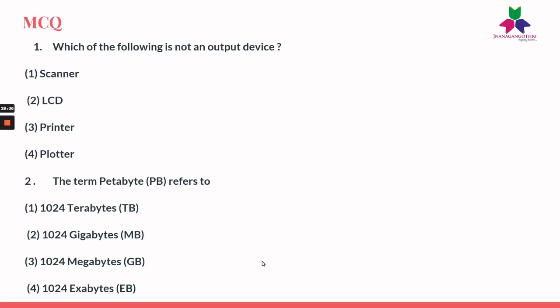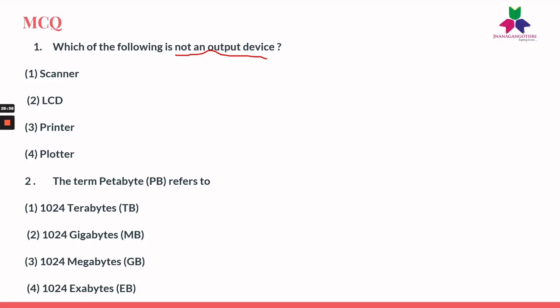Here we have a few MCQs which we'll solve. So the first MCQ is, which of the following is not an output device? Basically, an output device is a device which is used to communicate the result to the user.